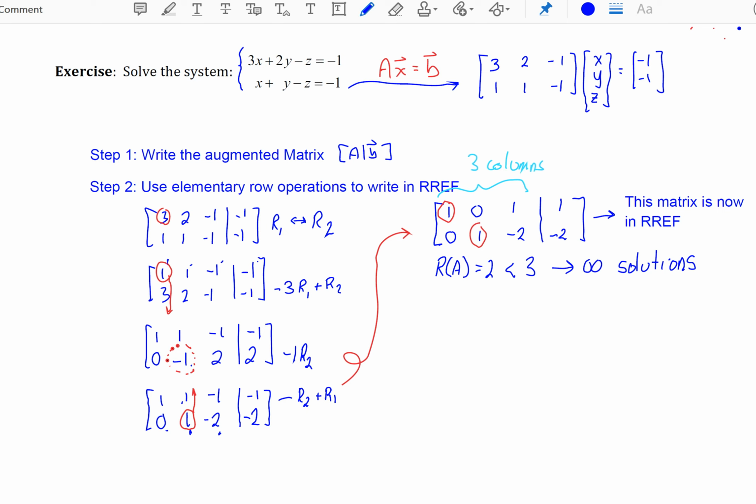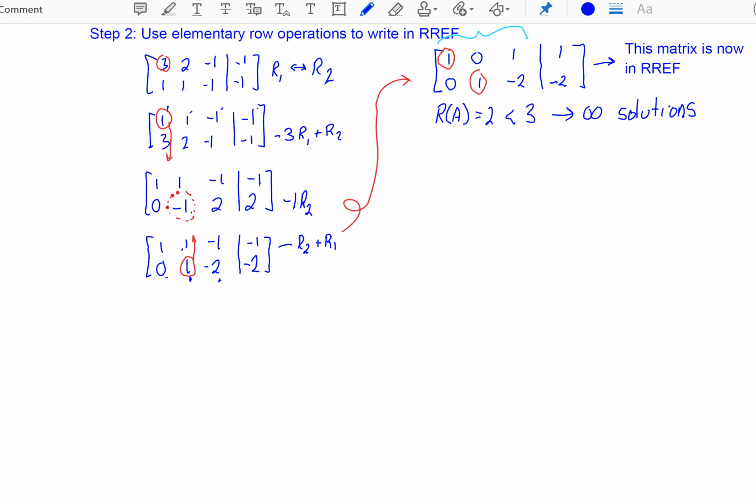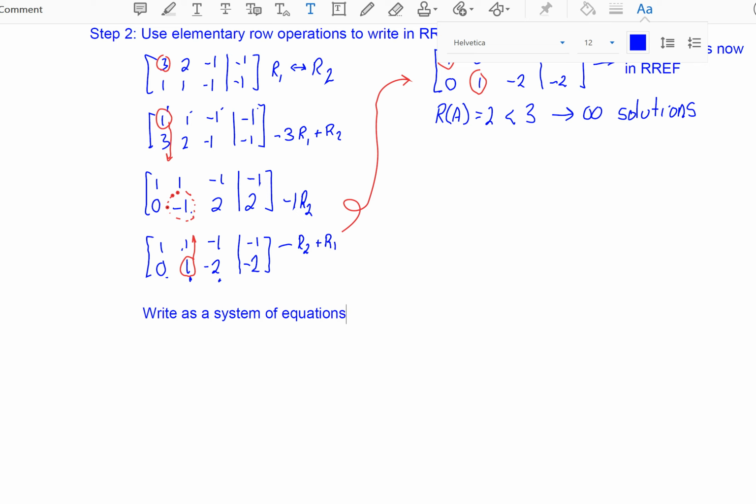Now, to find our infinite number of solutions, we're going to rewrite our matrix as a system of equations again. Let's rewrite our system of equations.